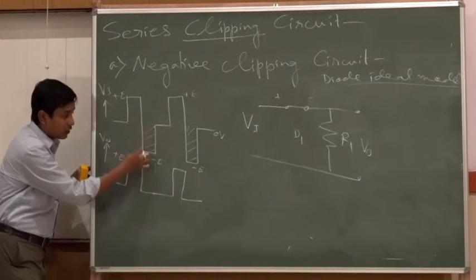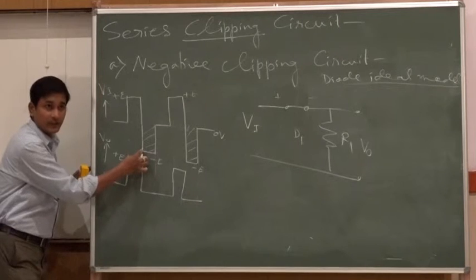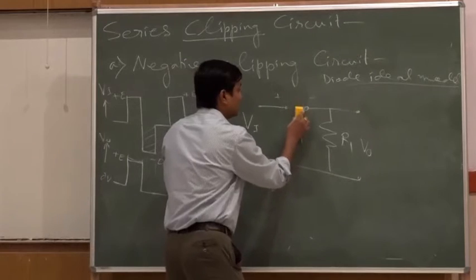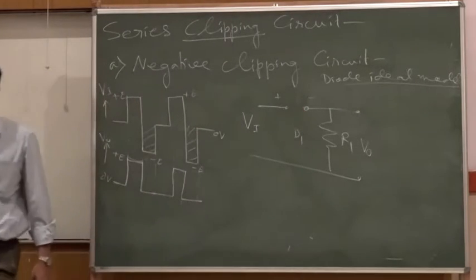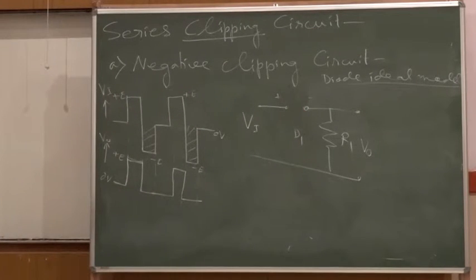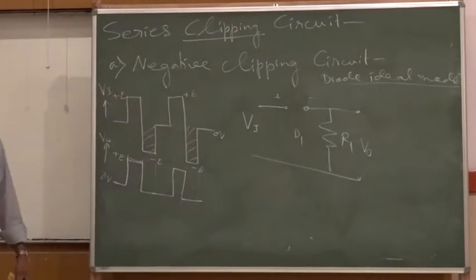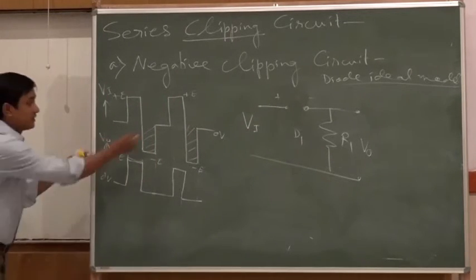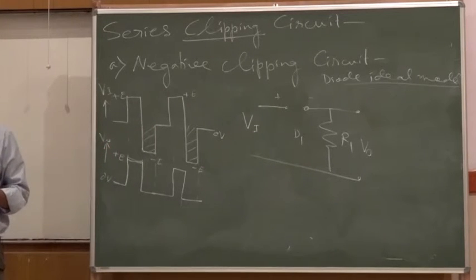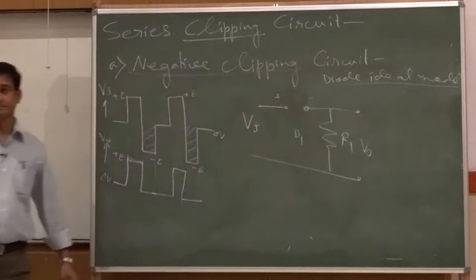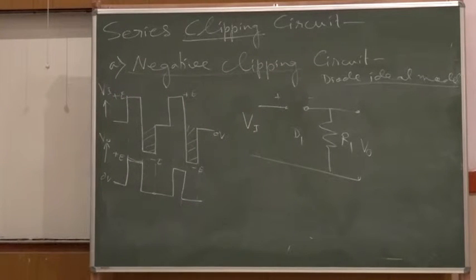Then the time it goes negative, that means less than 0 volt in the diode, that is an open circuit, no current is flowing into it. What is the voltage there? 0. So, this circuit can easily do this part where the negative part can be clipped off. So, this will be called a negative clipping circuit, because it is clipping the negative part.